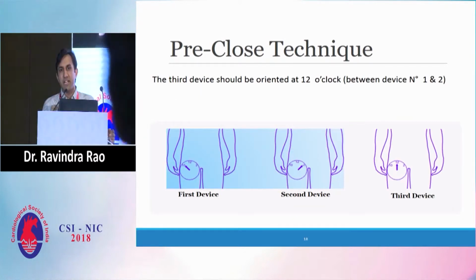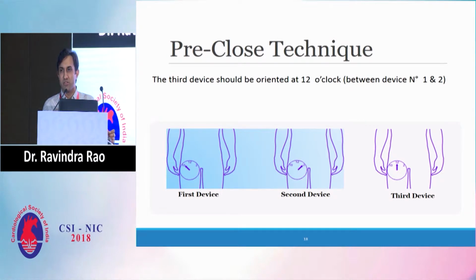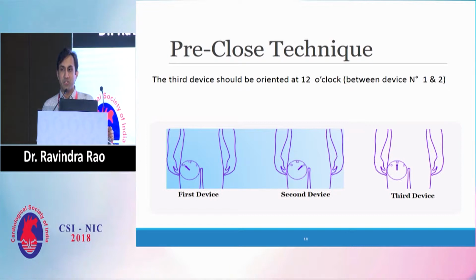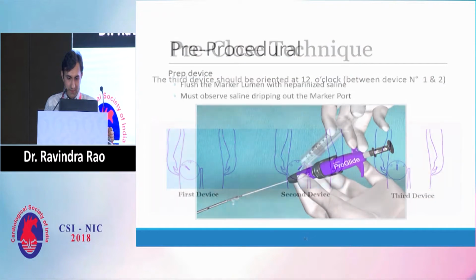Definitely the entry point should not have heavy calcification, because one important complication is that the foot plate can lift a calcified plaque and close the vessel. Sometimes the foot plate can also lift a plaque from the posterior wall and close a vessel. At the maximum, failure of the ProGlide gives you a hematoma, but if it closes the vessel, then we need to intervene and take care of that.